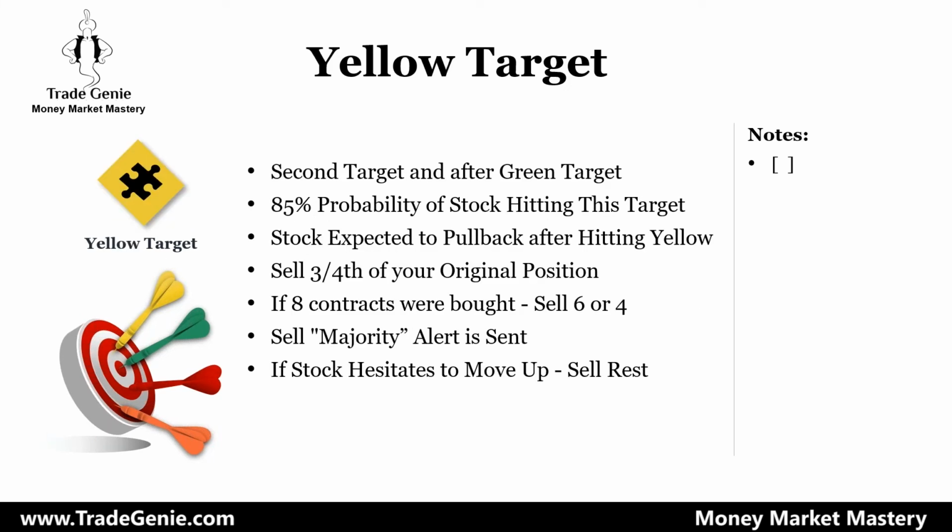Now the yellow target is the second target after the green target. This is kind of an in-between target. The yellow target I calculate based on some kind of resistance. I see that resistance, and just before the resistance, I place it lower.